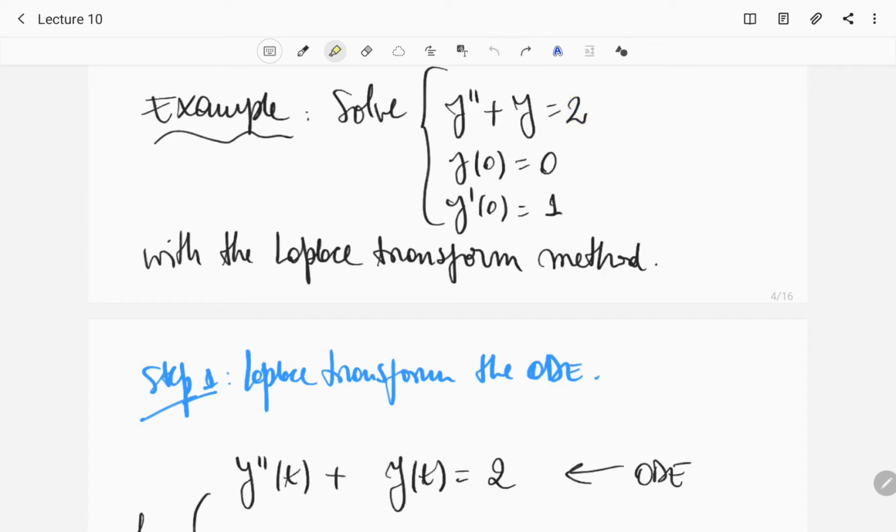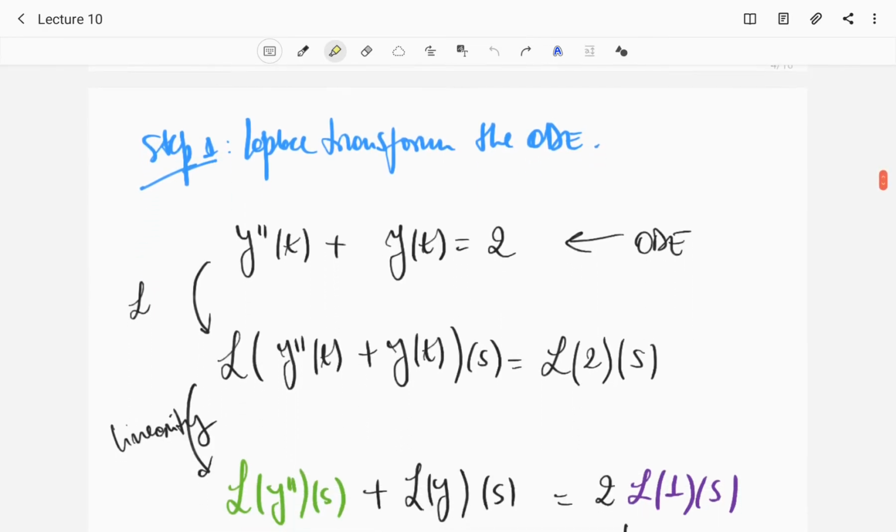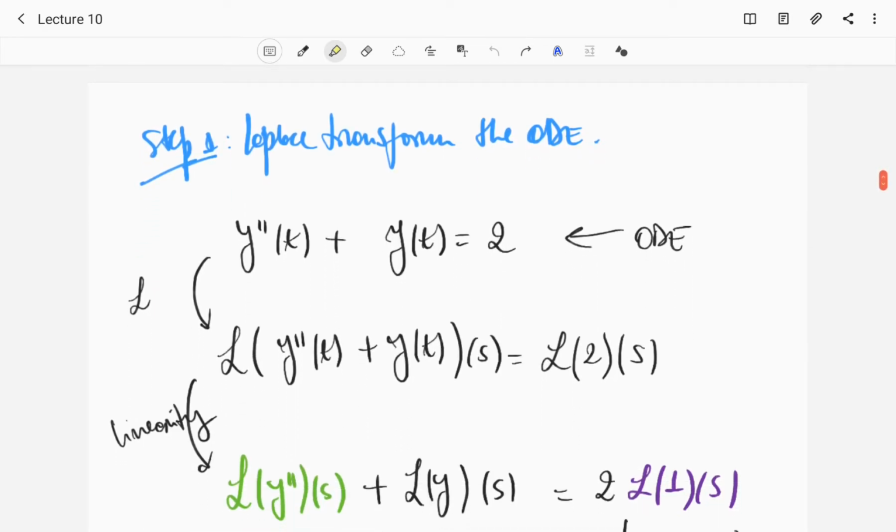But now we really want to apply this Laplace transform method. So step 1, Laplace transform the ODE. So this is our ODE, and we Laplace transform it. So we have to compute the Laplace transform of this side of the identity and the other side.